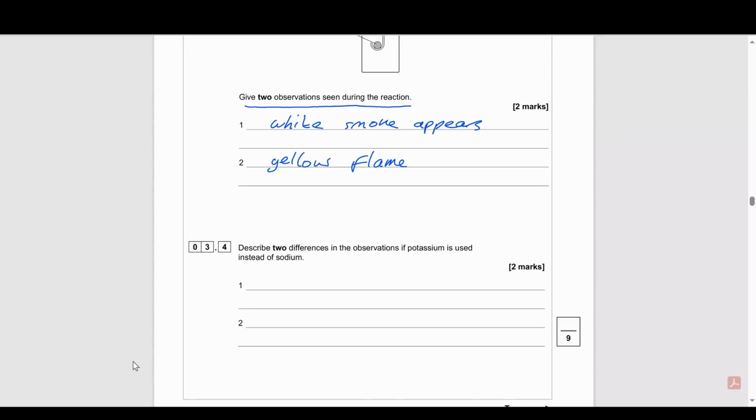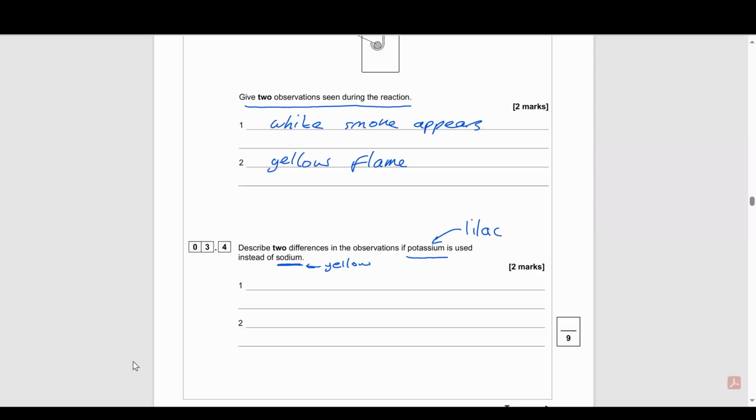3.4. Describe 2 differences in the observations if potassium is used instead of sodium. So just like above, we recall that for sodium, it will be a yellow flame. But for potassium, because it's a different metal now, it's going to give us a different flame color. So potassium, we need to remember, is lilac.